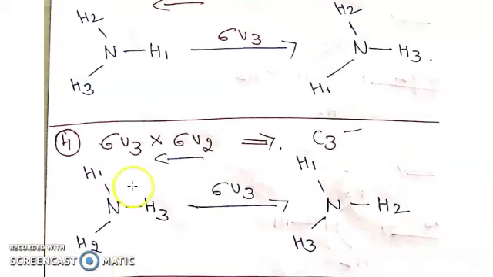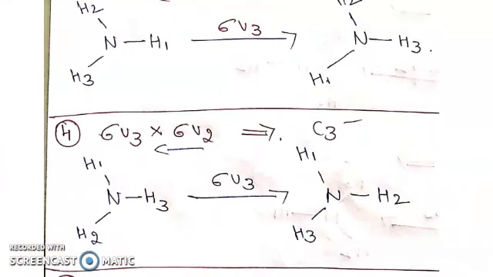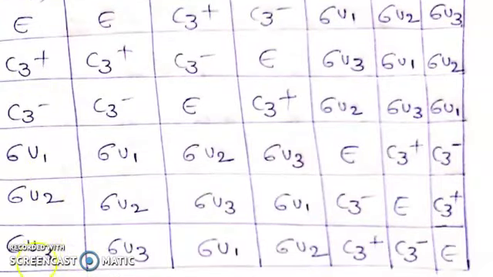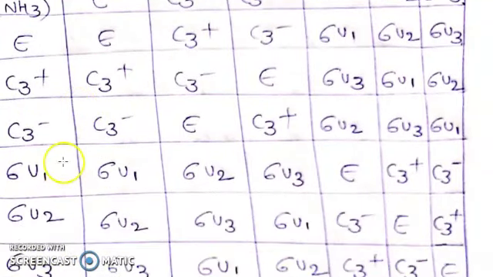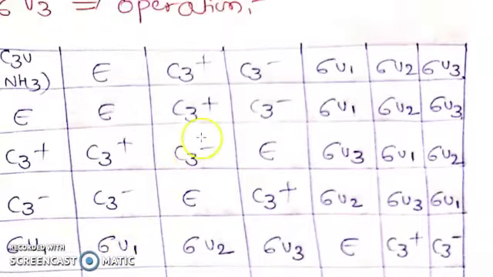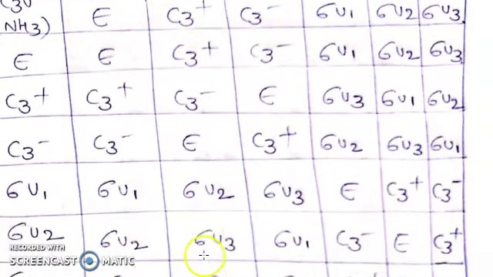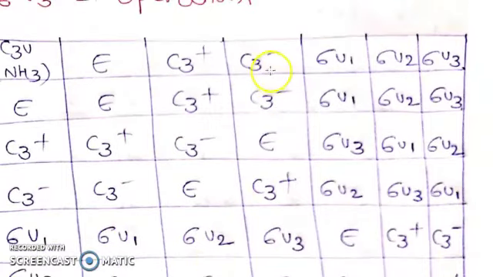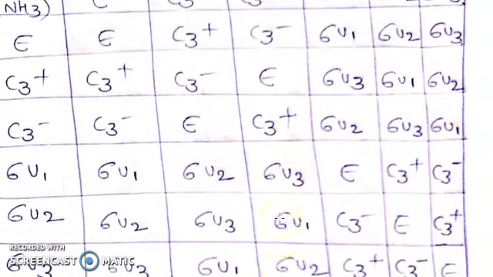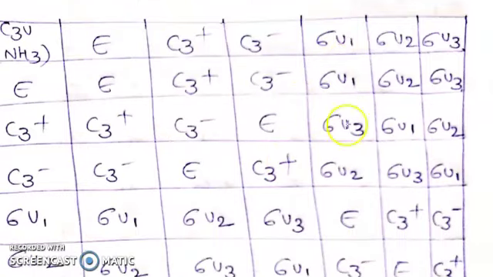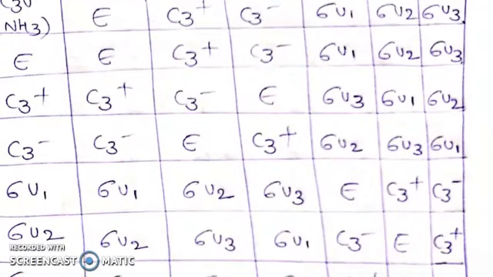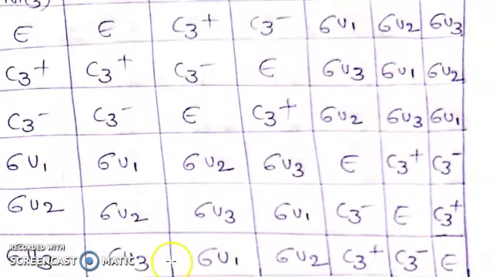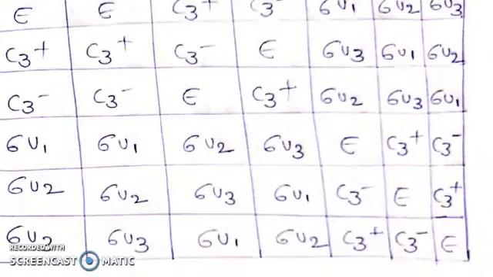Last one is sigma v3 into sigma v3 gives E. That is: sigma v3 into E is sigma v3, sigma v3 into C3 plus is sigma v1, sigma v3 into C3 minus is sigma v2, sigma v3 into sigma v1 is C3 plus, sigma v3 into sigma v2 is C3 minus, sigma v3 into sigma v3 is E.